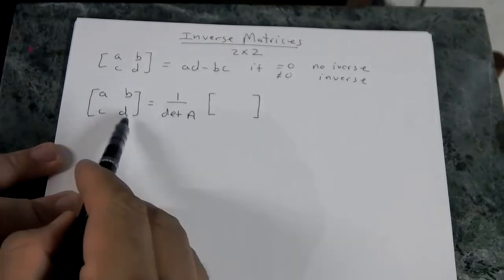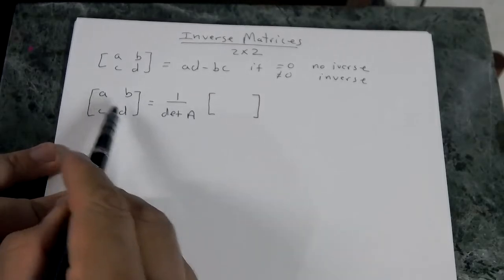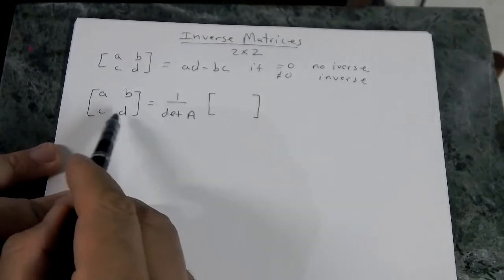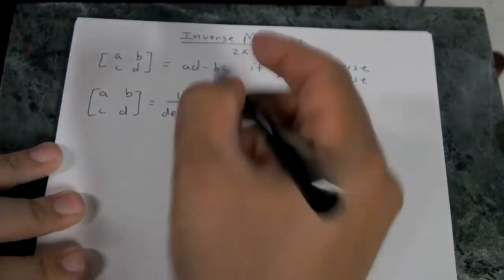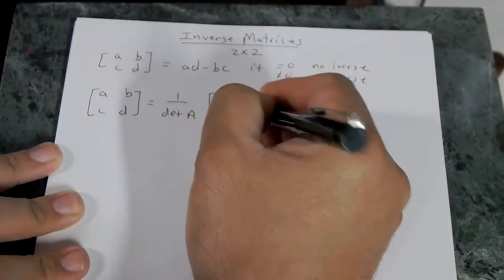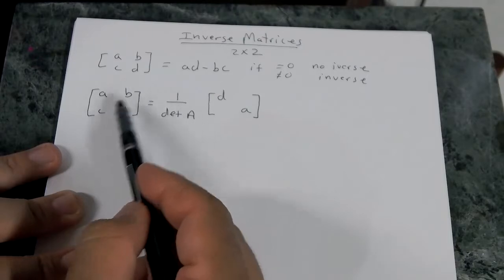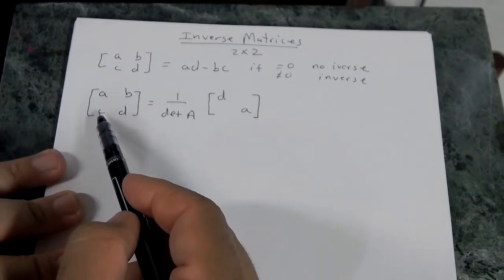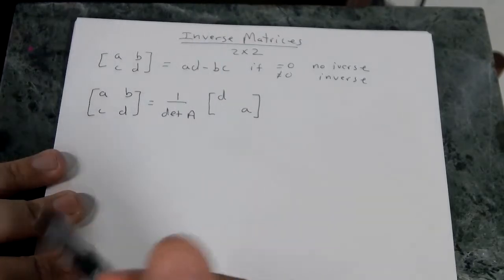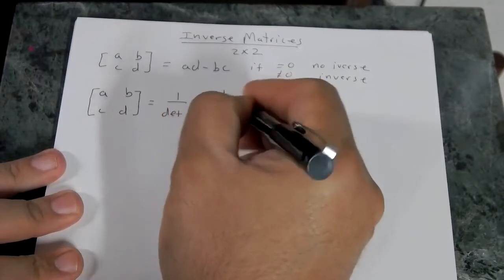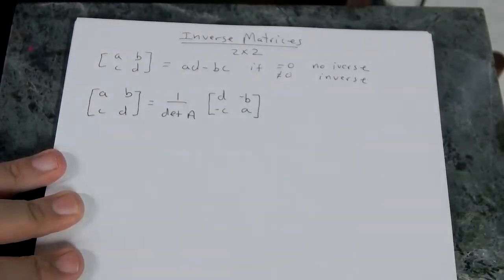First, do you see this diagonal, A times D? This is called the main diagonal. We are going to flip them, so now this becomes D and A. Do you see this C and B right here? We're not flipping them. We're going to keep them, but make them opposite signs. So this is minus C, minus B.